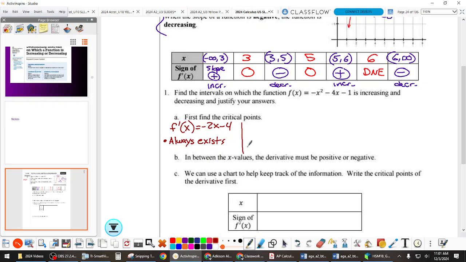But we could get one from where it equals 0. So set it equal to 0, and we'll get x equals negative 2. So x equals negative 2 is a critical point.